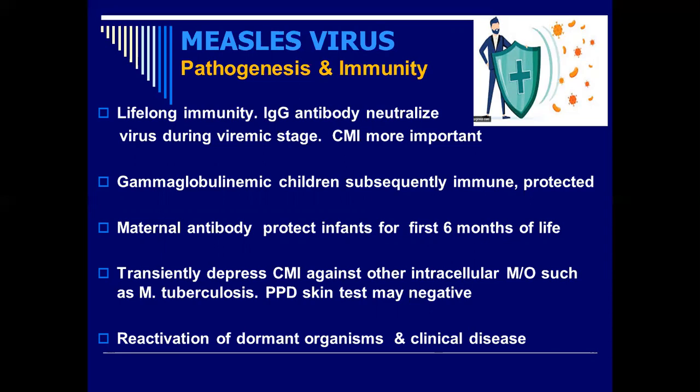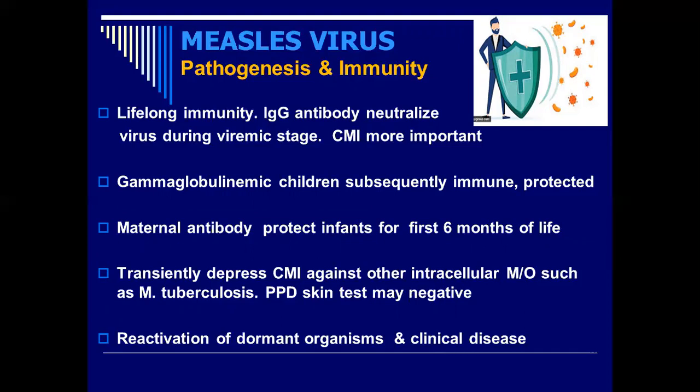Now, if you have a Mycobacterium tuberculosis infection, and the cell-mediated immune response has been depressed because of the measles virus, the purified protein derivative skin test, what you call the tuberculin skin test, may not give you a positive result because the cell-mediated immune response has been depressed by this virus. So you may get false negative results. So you will have to keep this in mind.